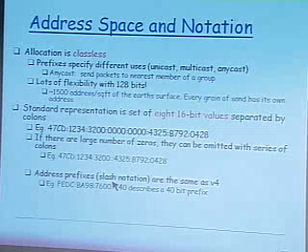Now unicast and multicast we saw with IPv4. Class D was a multicast address. IPv6 also has an anycast address. You can think of anycast as a mixture of multicast and unicast.